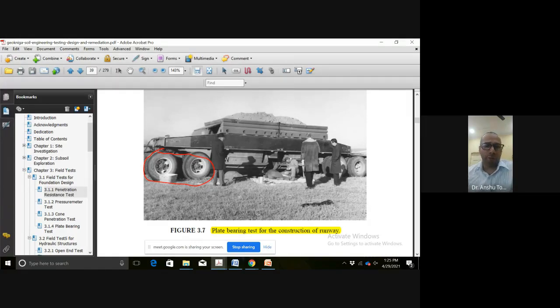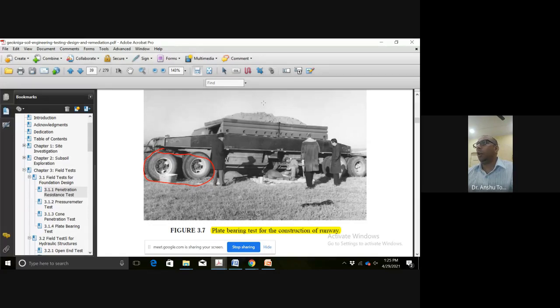It is available only for very big projects where hundreds of acres of land come under testing. You do testing at one place to find out the bearing capacity of the soil, then you move 5 kilometers ahead to check the bearing capacity at that place. In that case, it becomes easy to remove the test apparatus from one side, move it on the wheels and locate it on the other side.